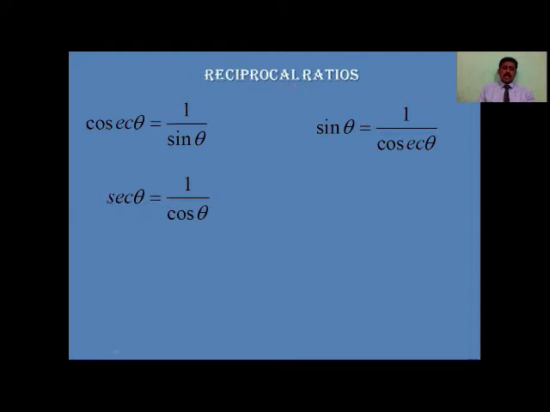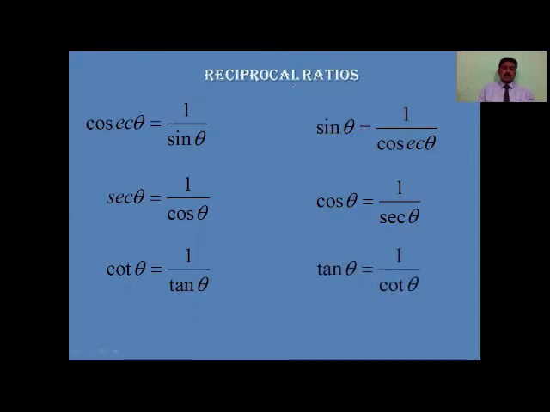From this we can write cos theta equal to 1 by secant theta. The reciprocal of tan theta is cot theta, that can be expressed as cot theta equal to 1 by tan theta. From this we can write tan theta equal to 1 by cot theta.